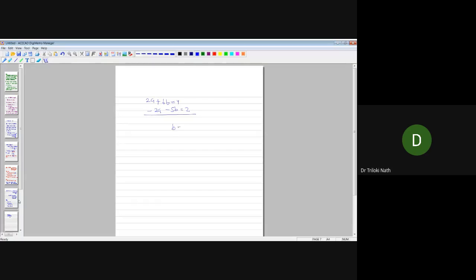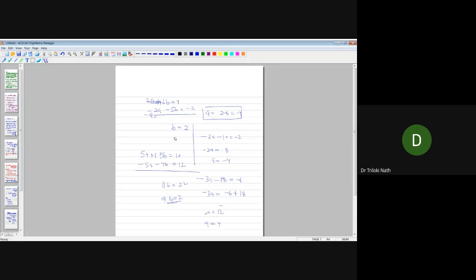What you have is b is equal to 2. B is equal to 2.